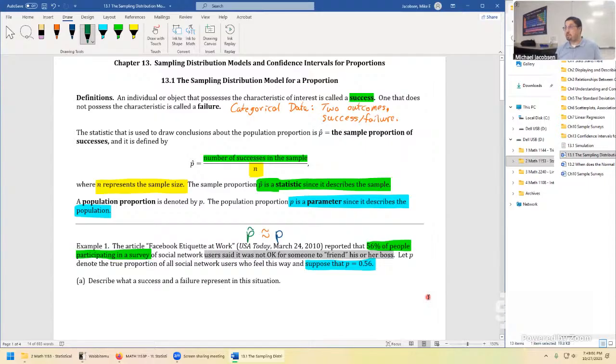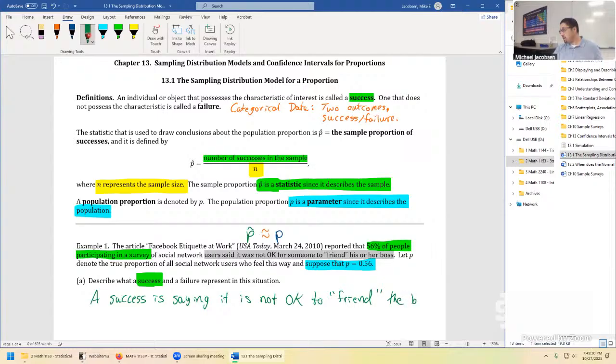So we'll say here, a success is saying it is not okay to friend, whatever that might mean on a social media platform, the boss.